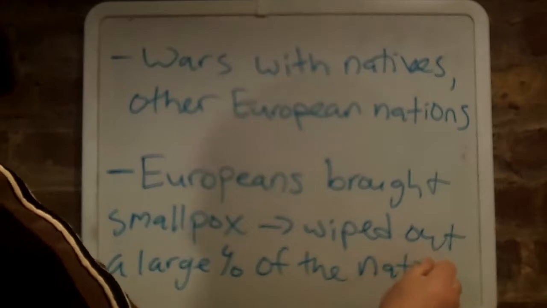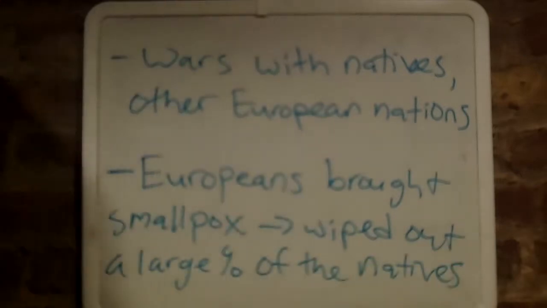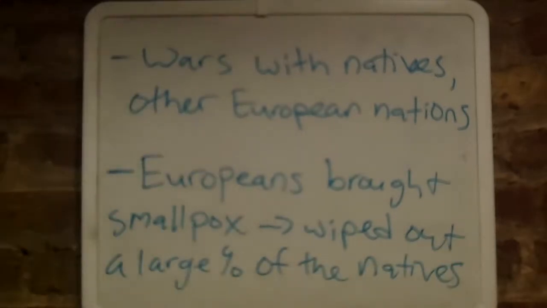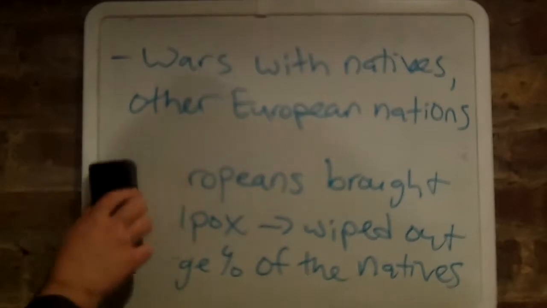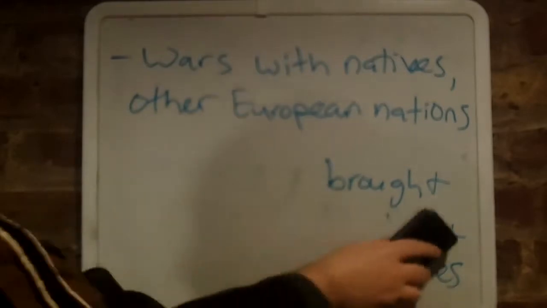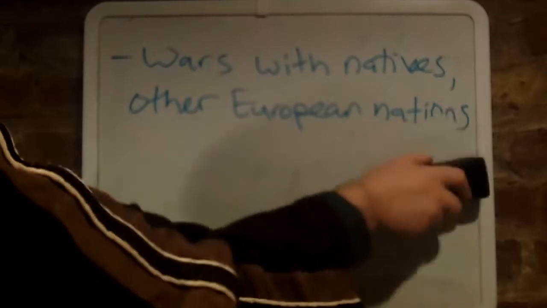So one of the reasons why the Spanish were able to conquer the Aztecs and the Incas so easily is the smallpox that they brought with them spread, and that wiped out large sections of their population and made them easier to fight. I suppose with the Aztecs, smallpox was not as much an issue, but with the Incas it certainly was.